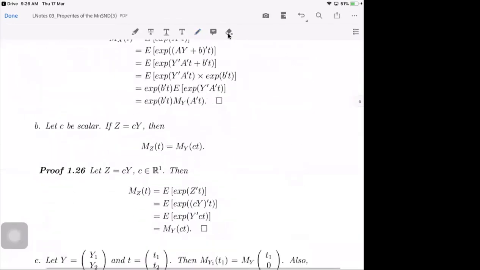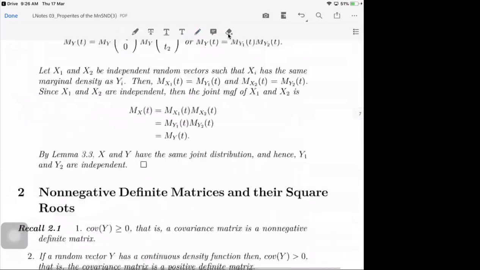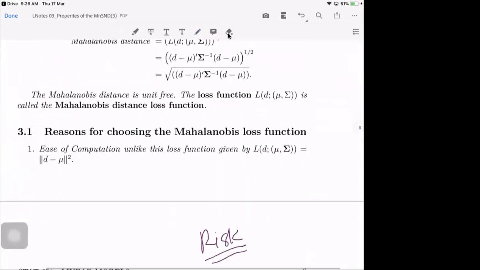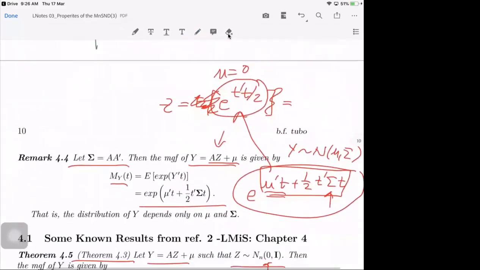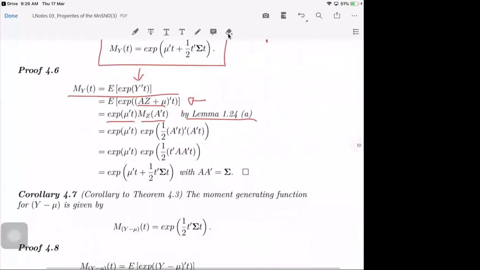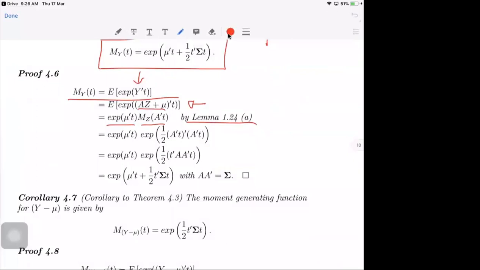So using that result, you can write this linear combination here as the exponential of mu prime t times the moment generating function of z at a prime t.